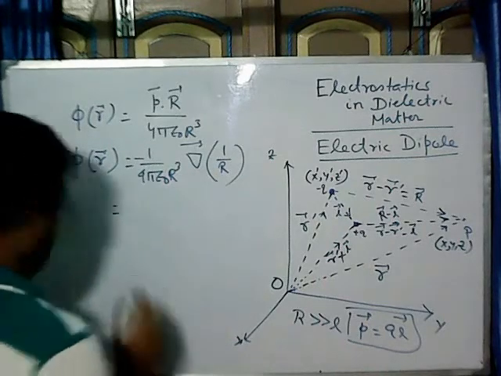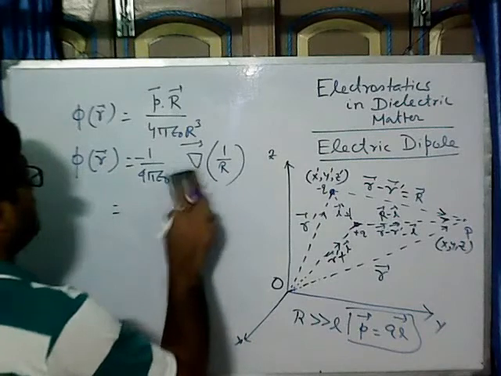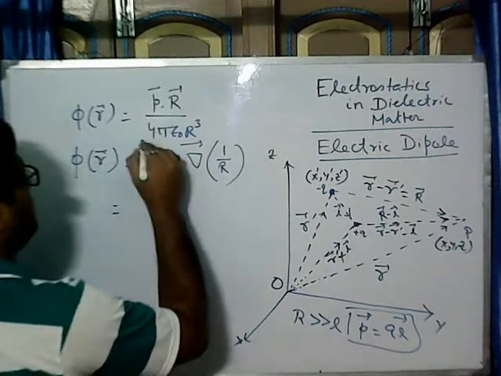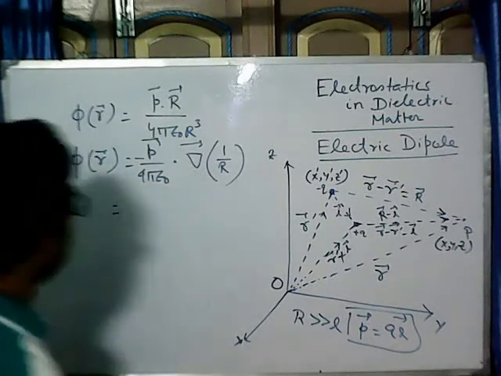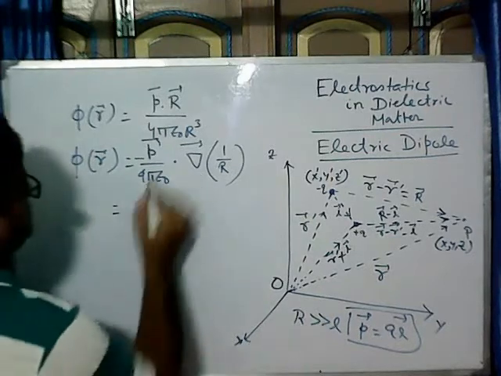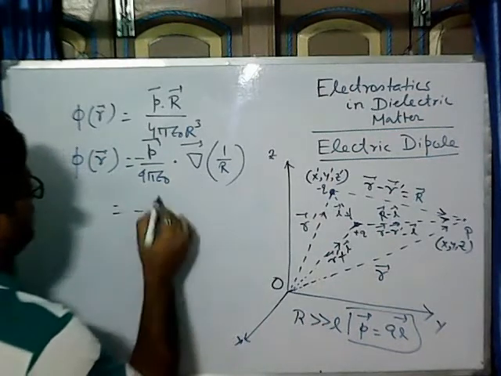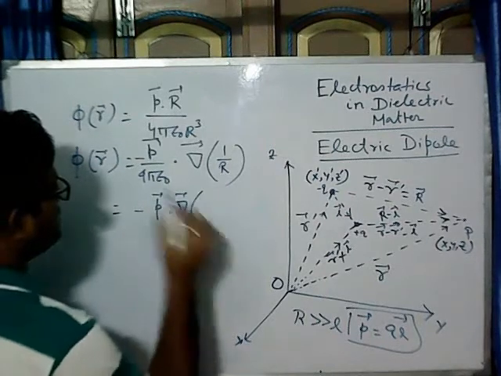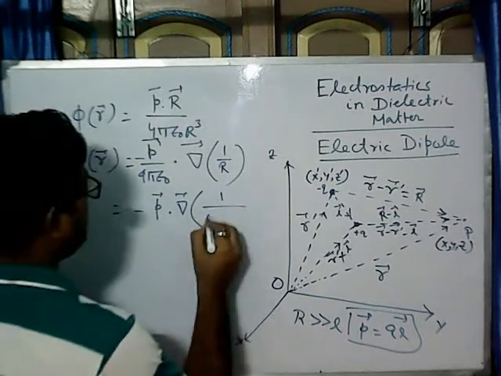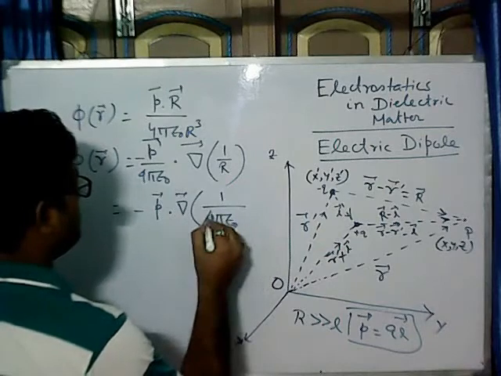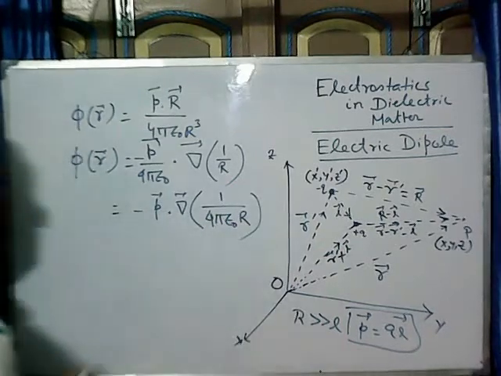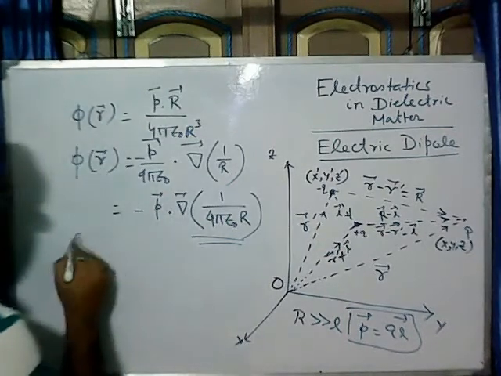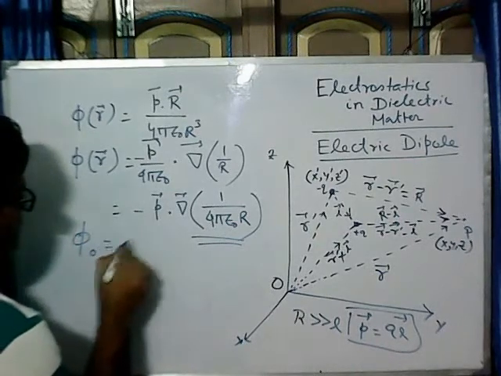So there will not be any R, and there will be a P vector dot. Then if we write 1 by 4 pi epsilon naught R, we can write this as phi 0.